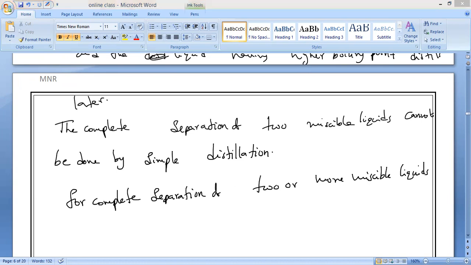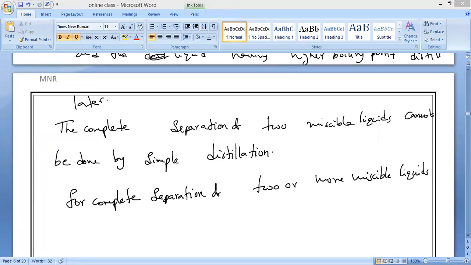So their boiling point is closer or very far? They will be closer also. Do you understand? If it is simple distillation, their boiling points must be different, with more difference. But if we go with fractional distillation, even if their boiling points are closer, we can separate them. Do you understand, all of you? So in simple distillation, their boiling points must have some difference.